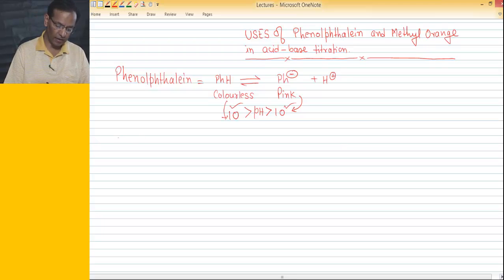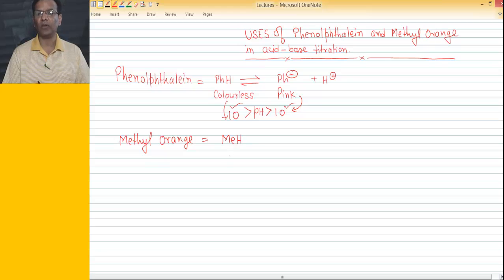Similarly, there is another indicator called methyl orange. Let us indicate it by this notation.